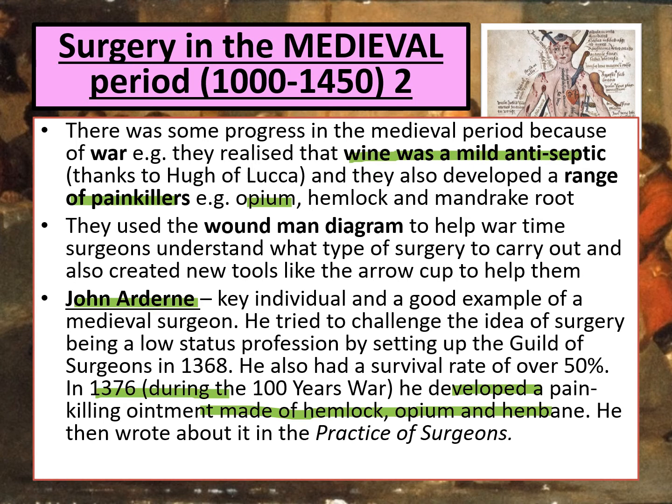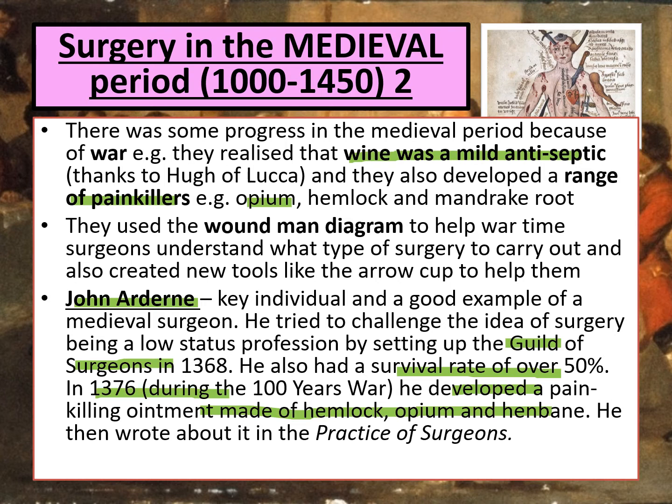So he actually created something called the Guild of Surgeons in 1368, deliberately omitting that title of barber surgeon because he wanted there to be a difference and to be able to distinguish between barber surgeons and surgeons. And remember, he was very famous for his specialism of removing anal growths and having a survival rate of over 50%. So John Ardern, really key individual.